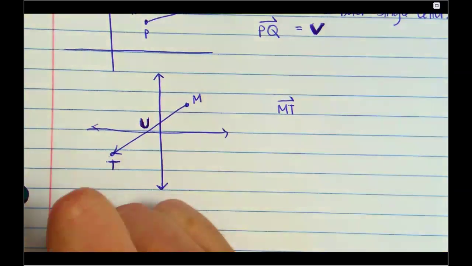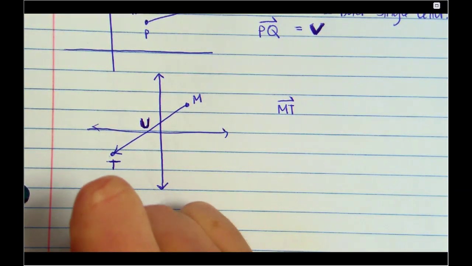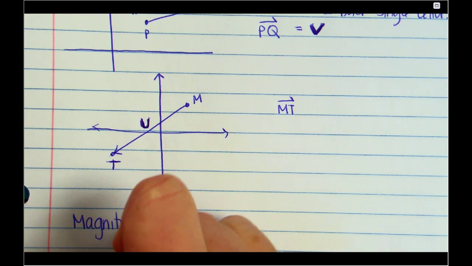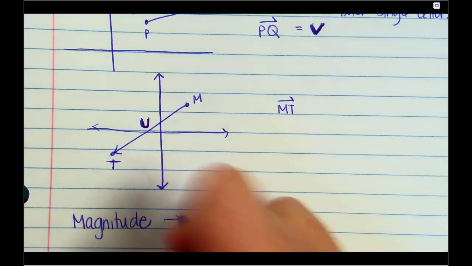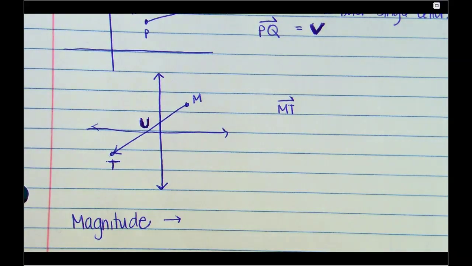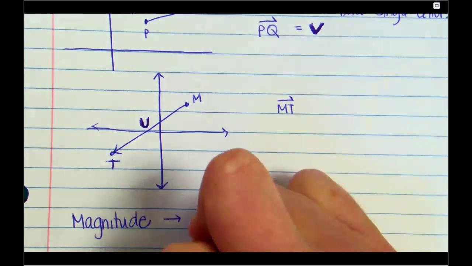Let's talk about how to find magnitude. And this goes actually on your sheet. So magnitude of a vector, we can write 2 different ways. Nope, we cannot. Looks like this.